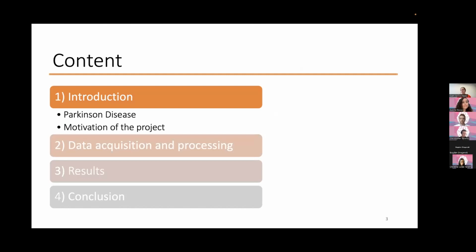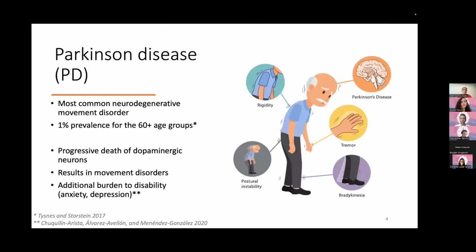First I will make a quick introduction on Parkinson disease and the motivation of this project. As you may know, Parkinson disease is the most common neurodegenerative movement disorder with a prevalence of 1% in the 60+ age group. In Parkinson disease, there is a progressive death of dopaminergic neurons, and these neurons are involved in movement control.